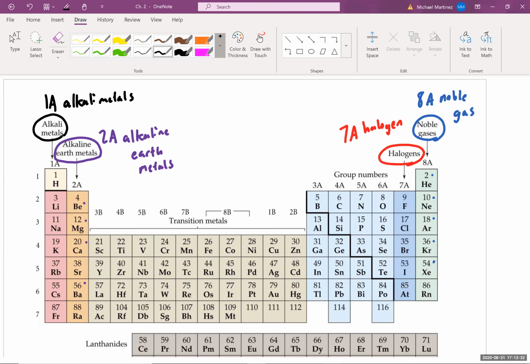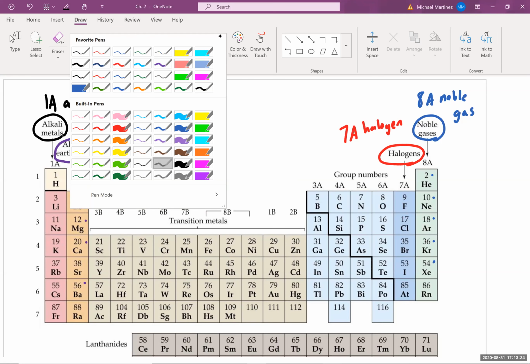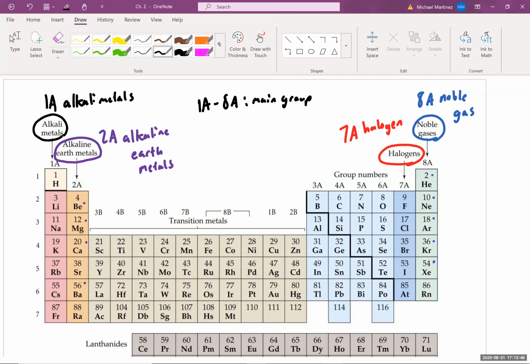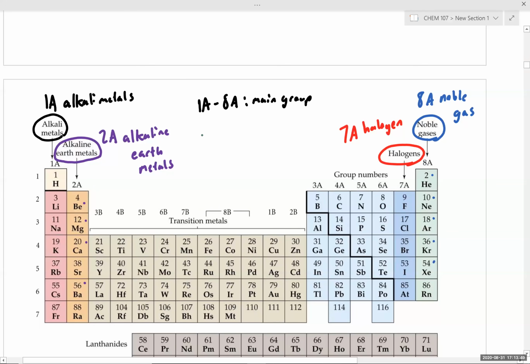Remember, as just a refresher, just one more time, our 1A through 8A elements are known as main group elements, while our 1B through 8B elements are known as our transition metals.